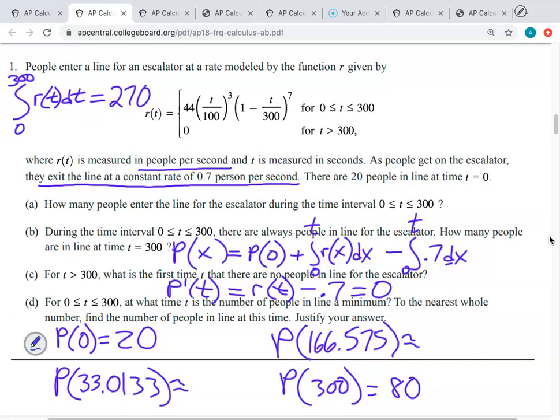So I'm going to go 20 plus the integral of r of x, comma, 0, comma, 33.